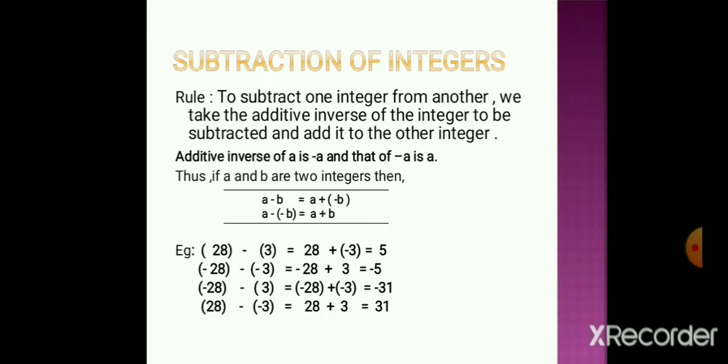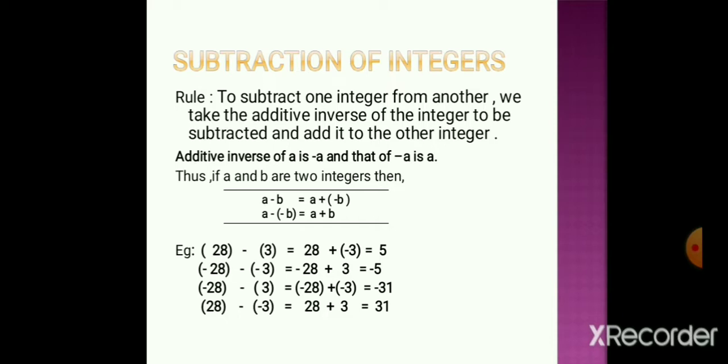Here the first number is 28 plus the additive inverse of the second. The additive inverse of plus 3 is minus 3. So it becomes 28 plus minus 3. Then look at the second one, minus 28 minus 3. It becomes the first number, that is minus 28, plus the additive inverse of the second.